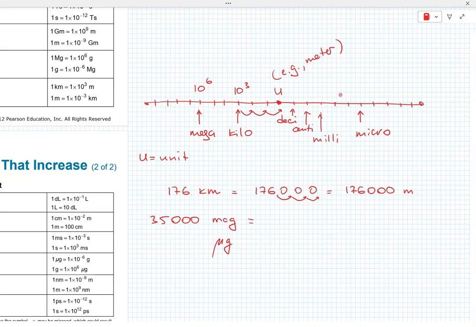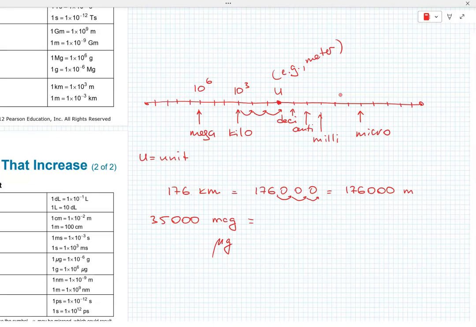Here's micro. Now, I don't want to put more clutter on the image. Can you count how many steps you have to take to get from micro to kilo? 9. You can literally count: 1, 2, 3, 4, 5, 6, 7, 8, 9.